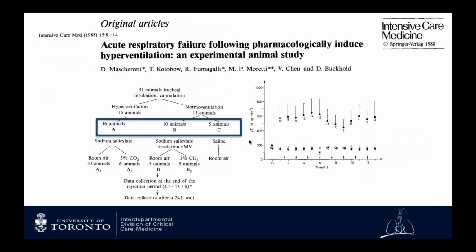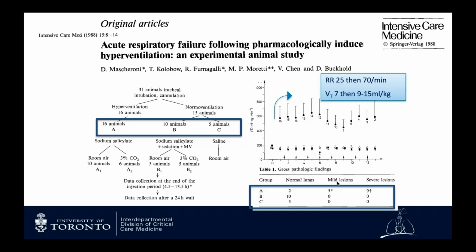This old animal study proves that you don't need a ventilator to cause lung injury. This group inserted salicylate into the foramen magnum, made sheep hyperventilate like crazy, and that led to significant severe lesions on lung pathology, although there were no ventilators connected to anything here.